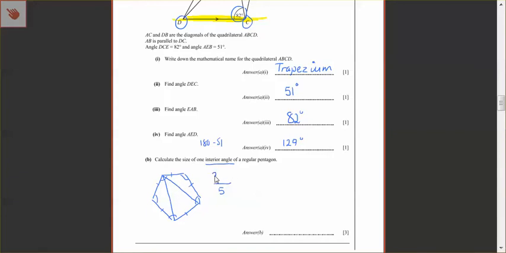So it's actually 3 lots of 180 degrees. 3 times 180 is 540 degrees. So 540 divided by 5 equals 108. So the answer is 108 degrees. We'll take another look at that.